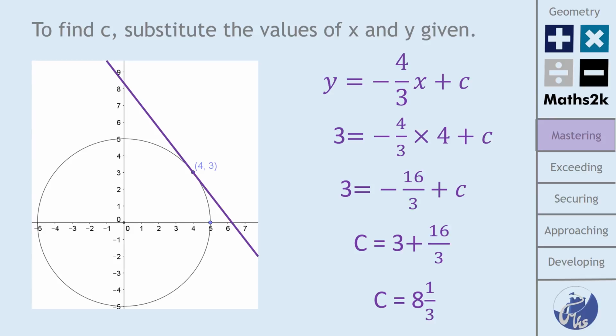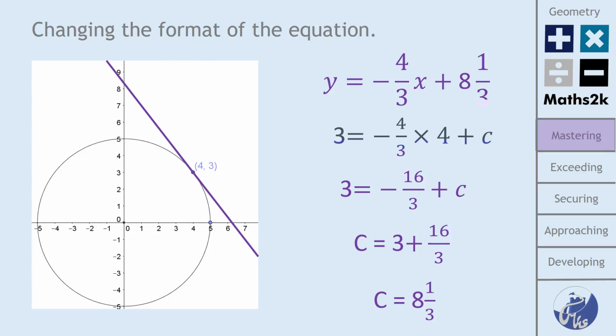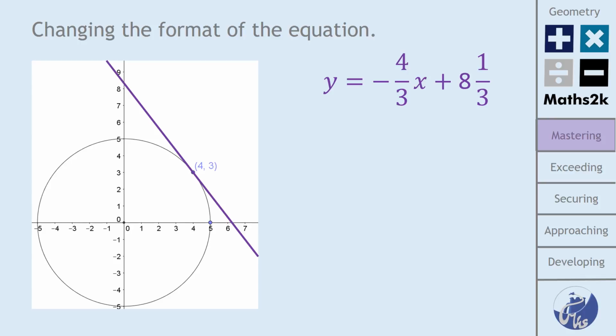And I'm now going to put that back into the original equation at the start to then finally. Now then, having substituted the intercept back into the original equation, I could leave it in the format that it's in. But most of the time I have seen it rewritten so that the fractions are not present, and you also rearrange it a bit so that you generally have your x and y terms on the left and a number on the right.